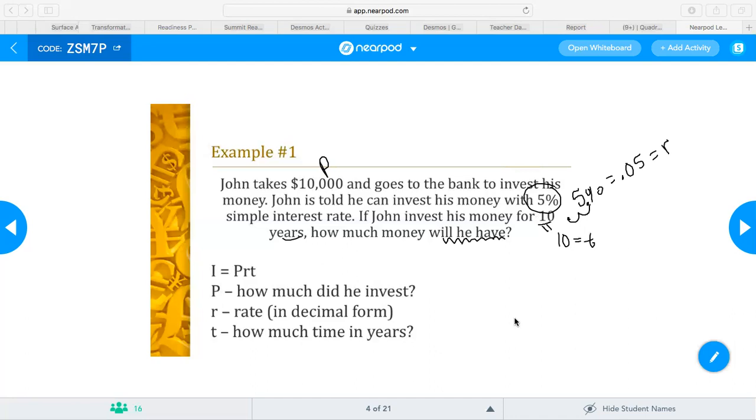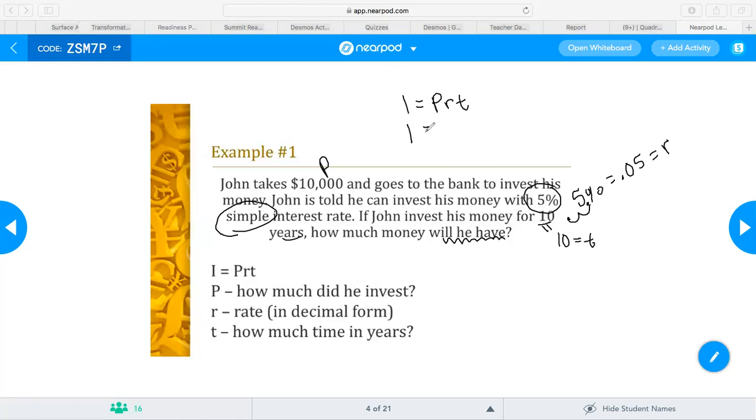Okay, so let's go ahead and solve this. This said simple interest. So I'm going to write down I equals PRT. Simple interest. I equals PRT. Again, this formula is on your formula chart. So I'm just going to plug in what it gave me.